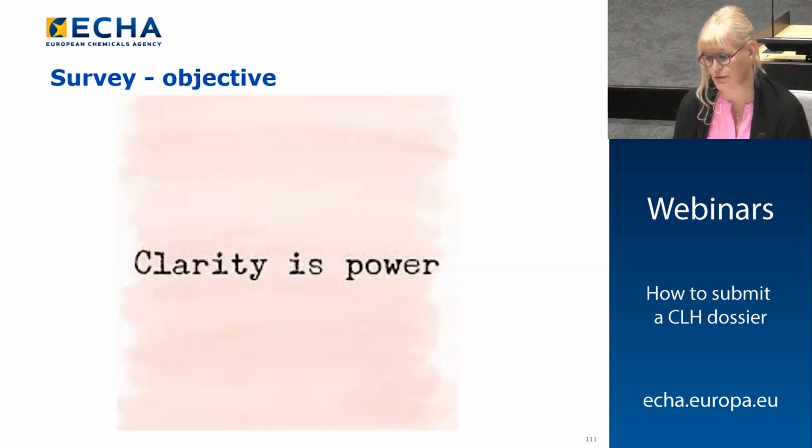It is also power to ECHA Secretariat dealing with the proposals. It is also power to the RAC members who are delivering the opinion. And eventually it is power to the Commission who eventually will transpose this information into Annex 6 in CLP regulation when it becomes a binding harmonized classification. So in all these steps, we need to have sufficient amount of clarity.